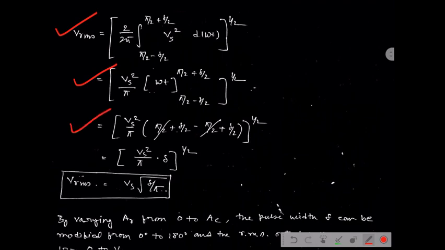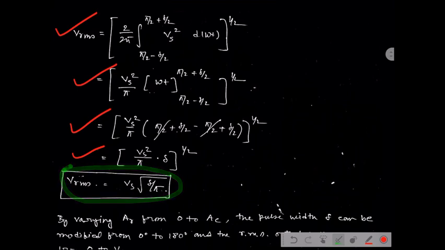After simplification we finally get Vs square by pi into delta, whole under root. So the RMS value is defined by this expression.